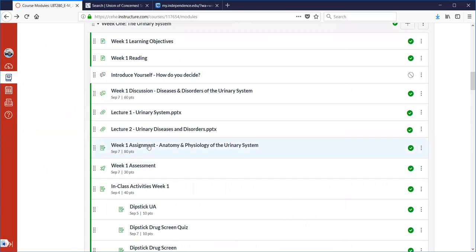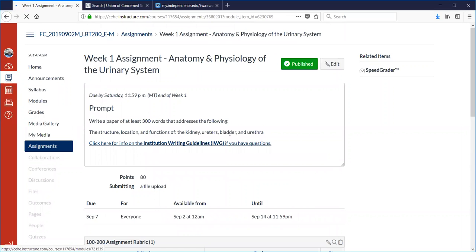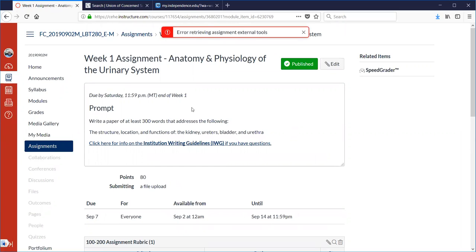The assignment for this week really is to write a paper of at least 300 words on the structure of the urinary system, the A and P of the urinary system. So that's another good reason to go back and take a close look at the PowerPoint. It looks to me like I may not have gotten that done for you, and I apologize for that. So go ahead and get started on that as well.